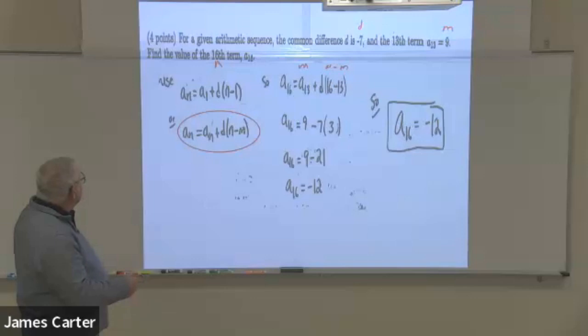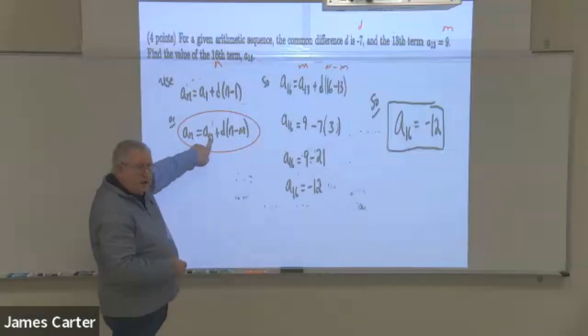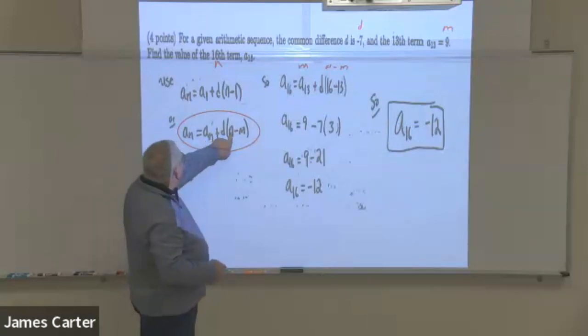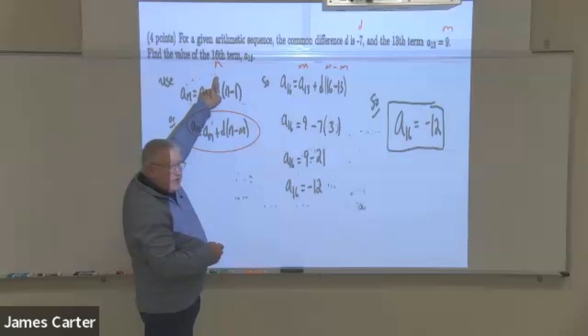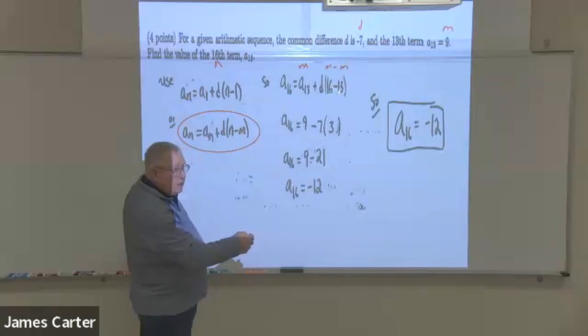But what we can do then is use this modified formula right here, which this stands for the 13th term in this case. Here's our common difference of -7. Here, we're going to take the n minus 13, and n in this case is 16. So 16 minus 13, which I've got shown right up here.